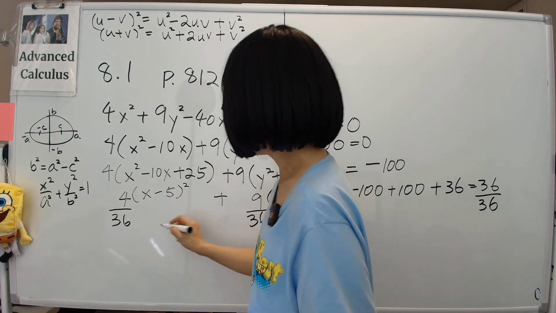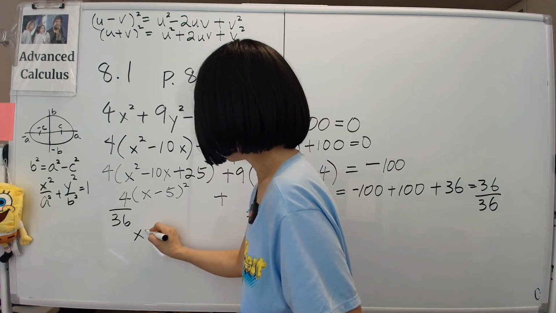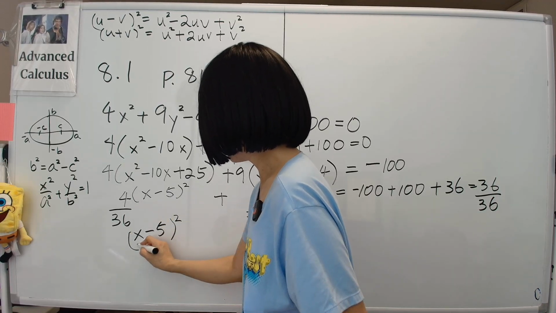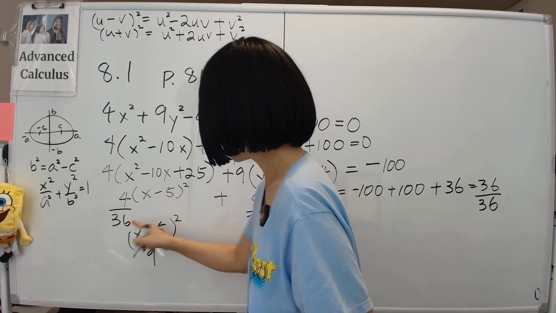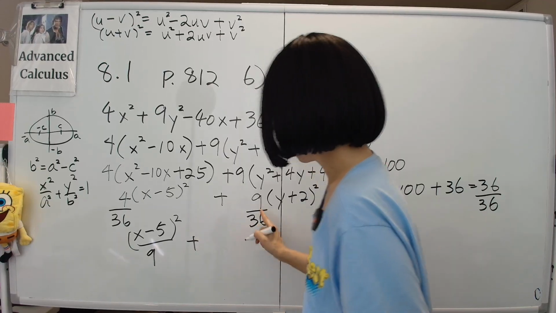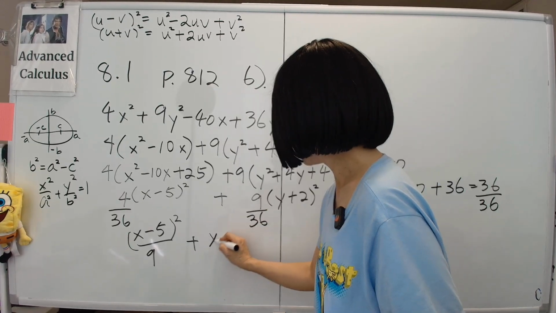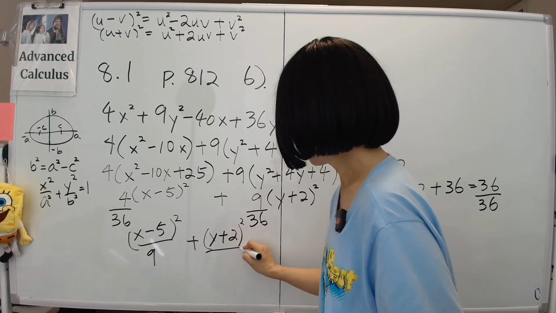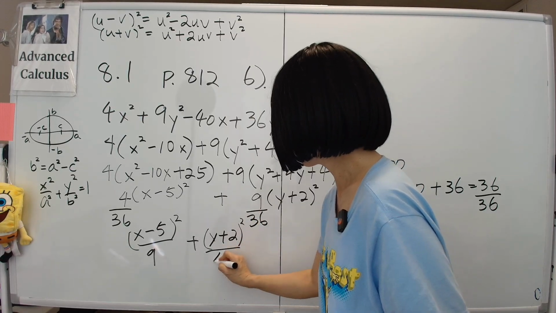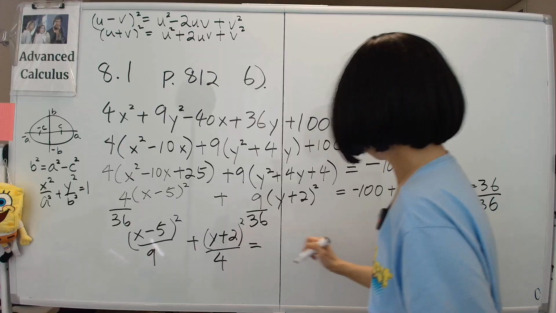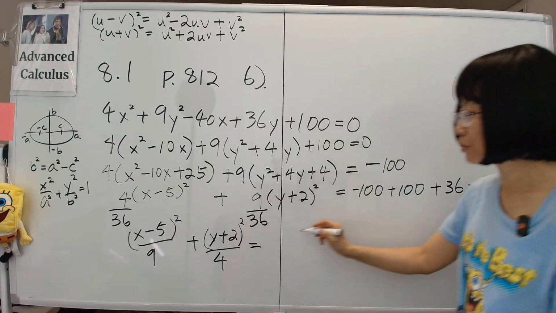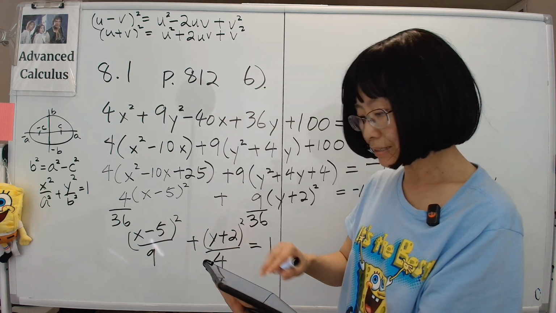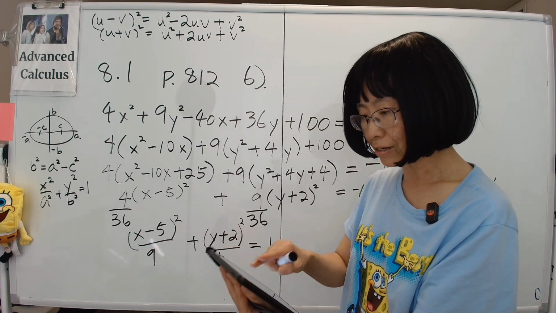So then our final result becomes x minus 5 squared over 9, that cancels out to be 9, plus y plus 2 squared divided by 4, and that equals 1.